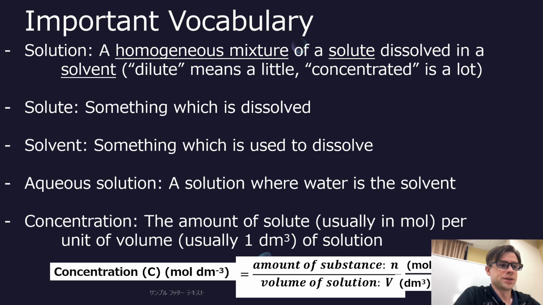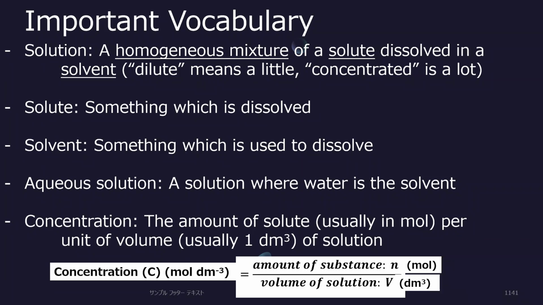So when we talk about the concentration, we can use dilute and concentrated. An aqueous solution is a solution where water is the solvent. Again, most of the time that's going to be the case here. And then the definition of concentration: the amount of solute, usually in moles, per unit of volume, usually per 1 decimeter cubed of solution. You can see that written mathematically here.